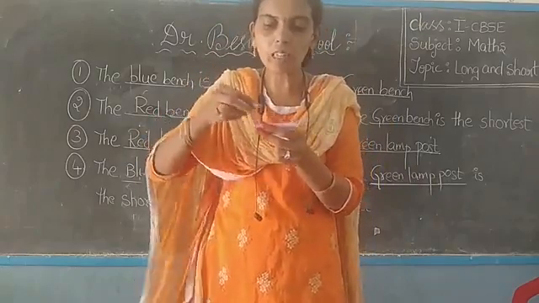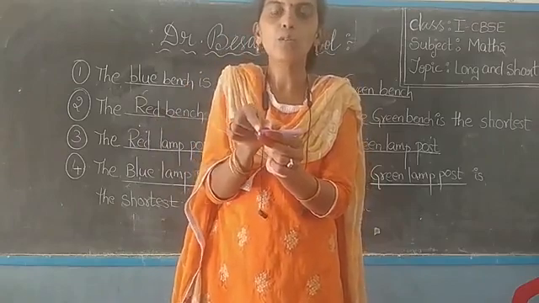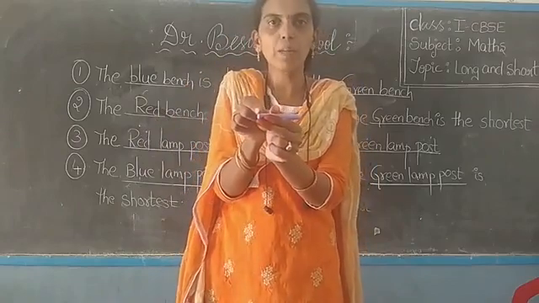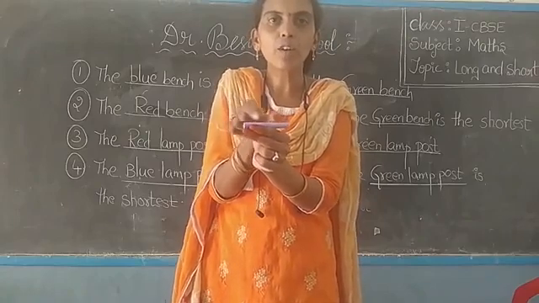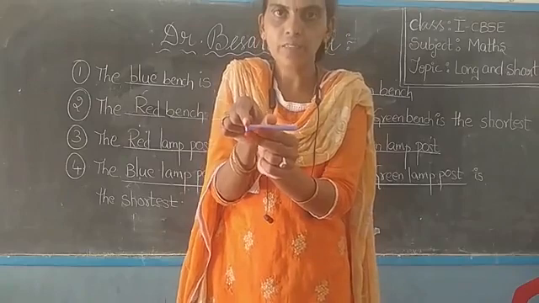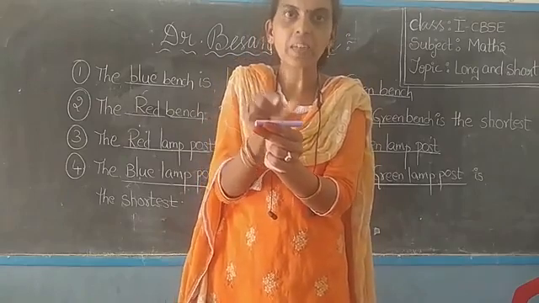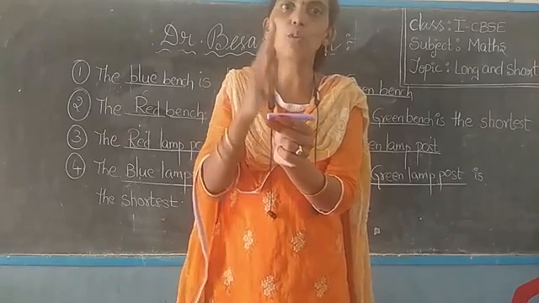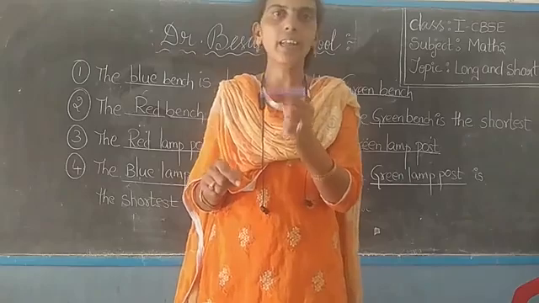Keep the starting point of the eraser or the sharpener at the starting point of the chalk piece, and take the count 1, 2. If that object occupies 2 places, that means the length of this chalk piece is 2 sharpeners or 2 erasers. In this way, we are going to tell the answers.